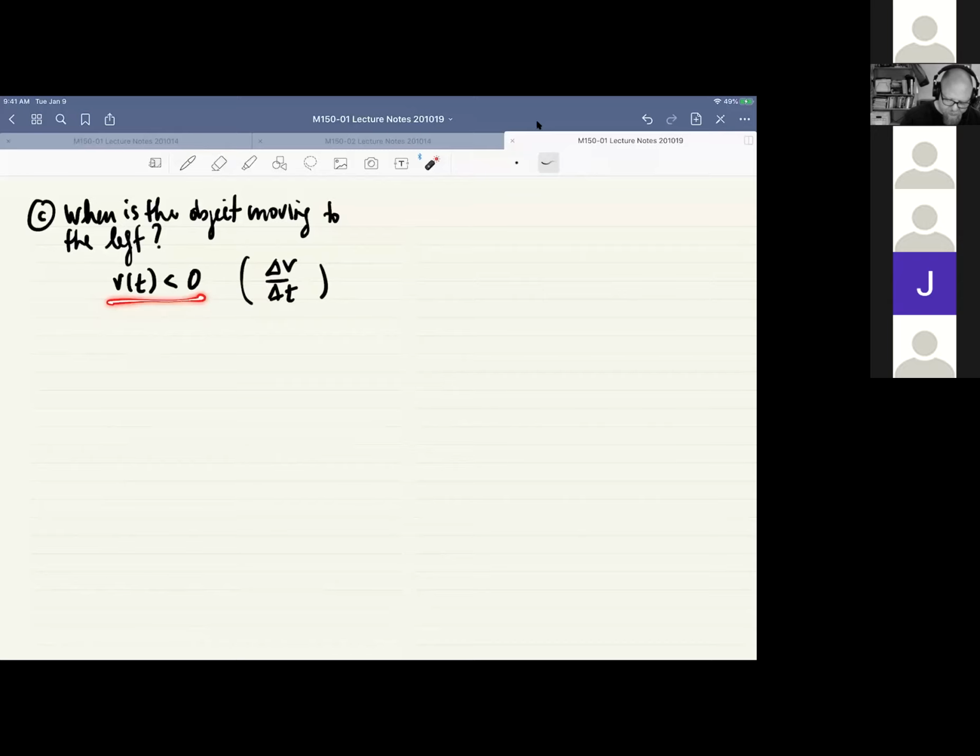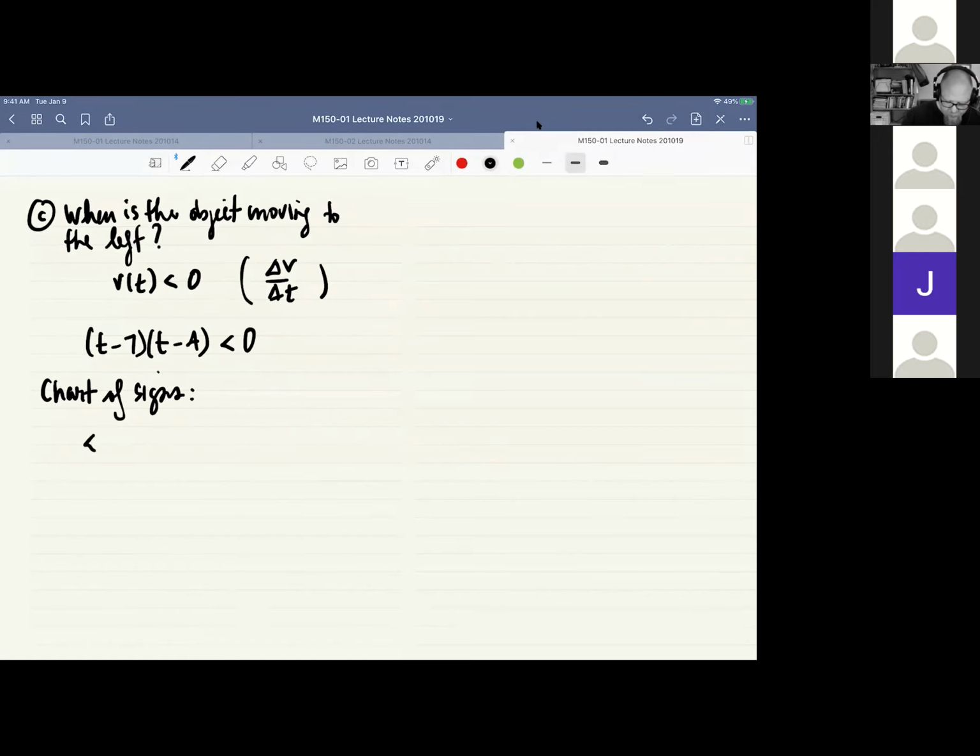So we want to find out where the derivative is negative. Well, we've calculated that the derivative can be written in this way. So now I need to solve this inequality. There's a technique that I want you to be able to do. It's called a chart of signs.